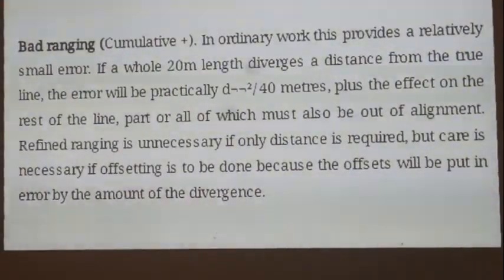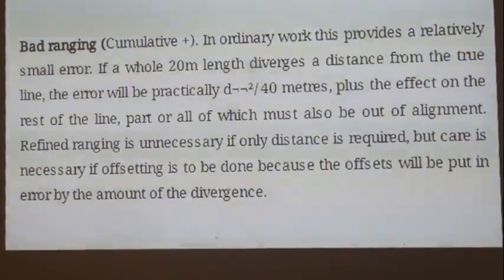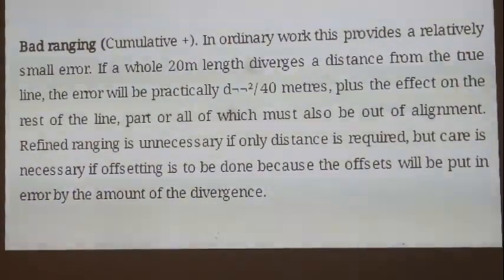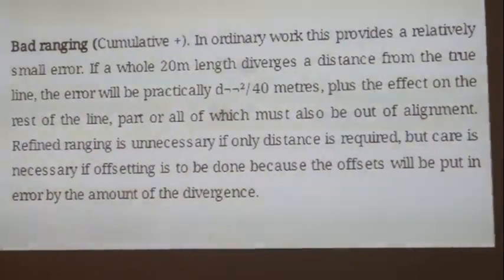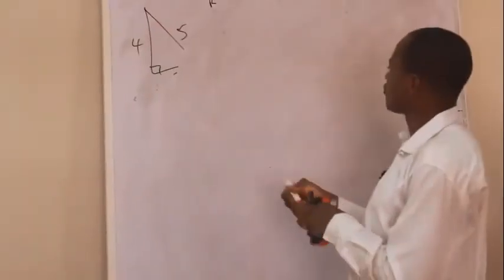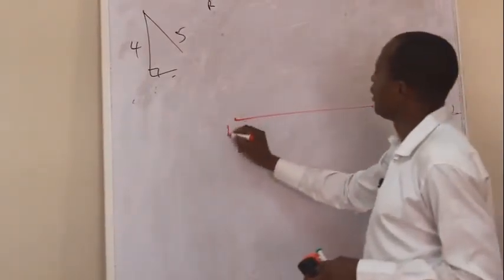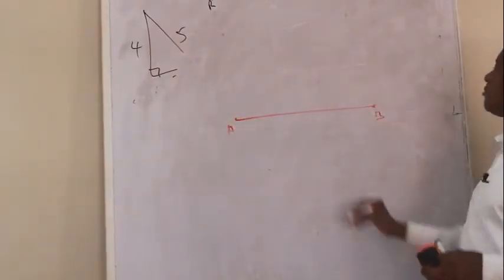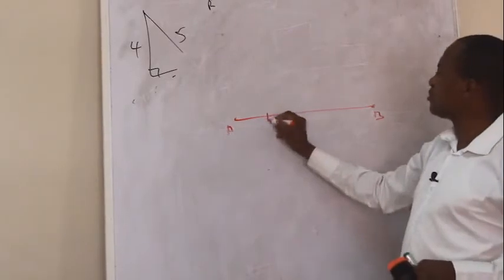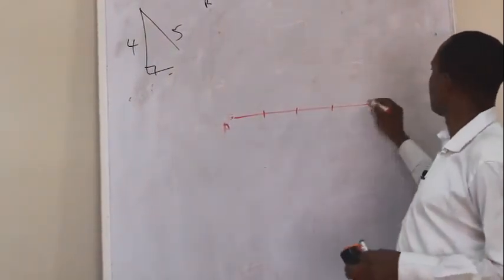Then bad ranging. If you don't align your poles very well, then it can cause problems. For example, I'm to fix a point between two points. This is a straight line, AB. Ranging is the method of fixing points, fixing poles, in between two endpoints.